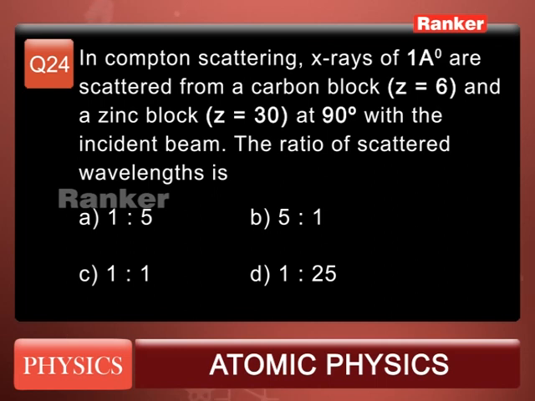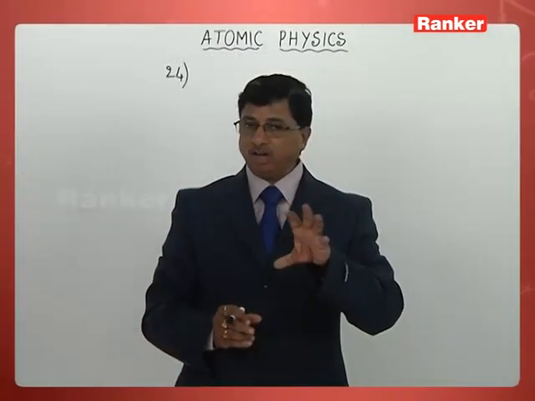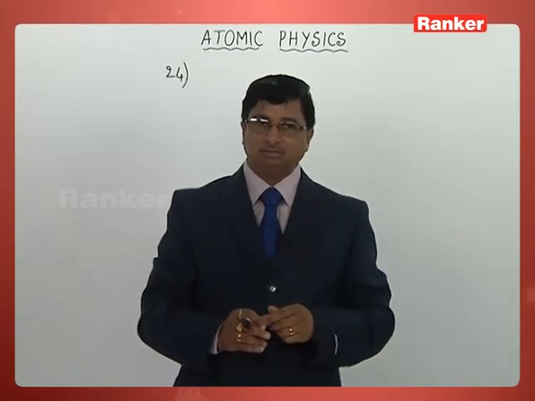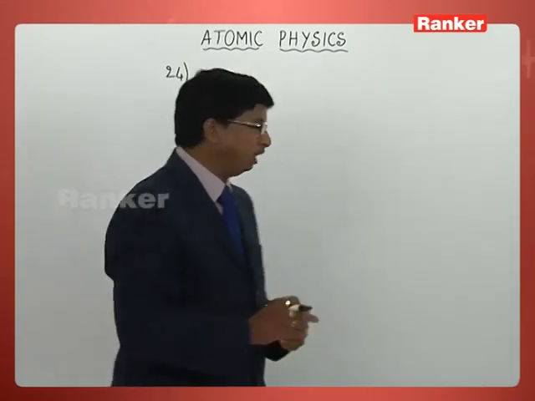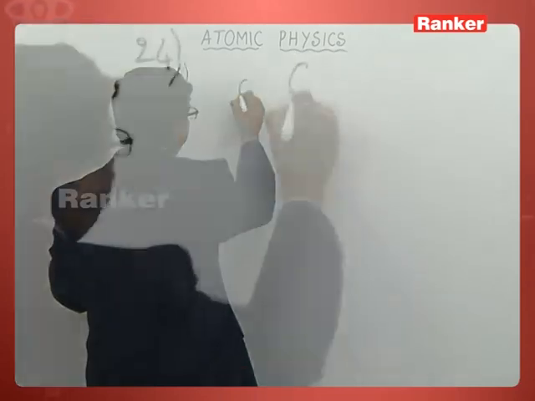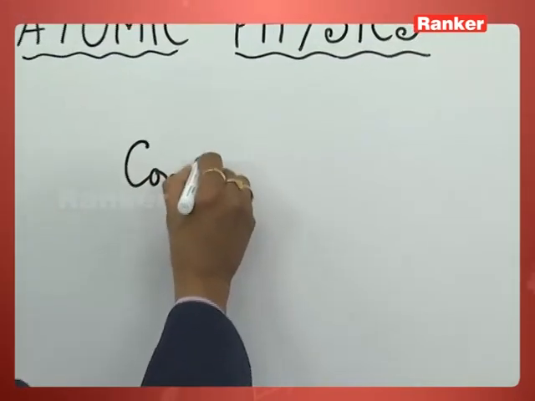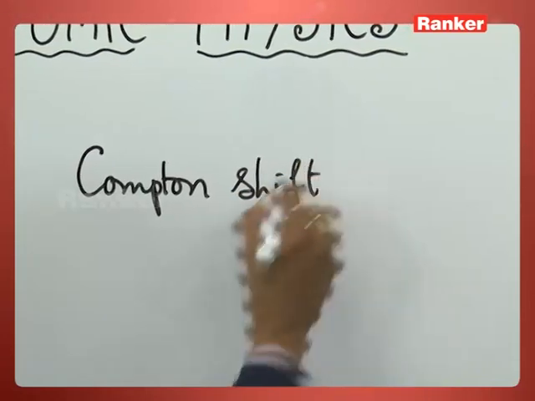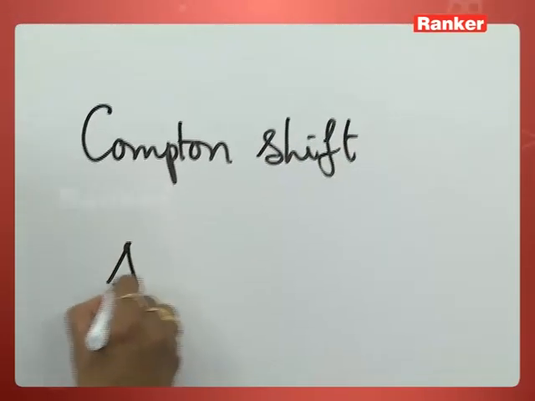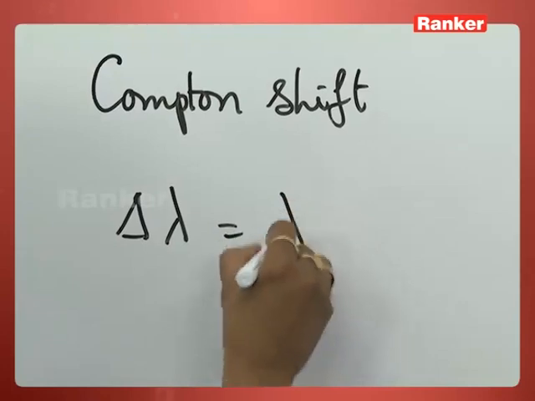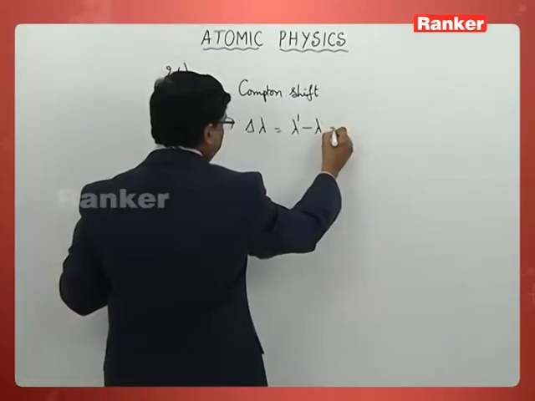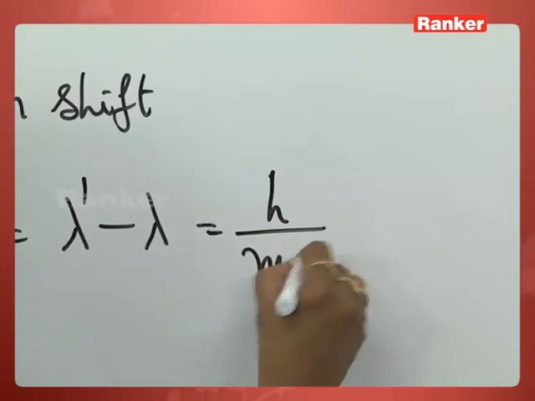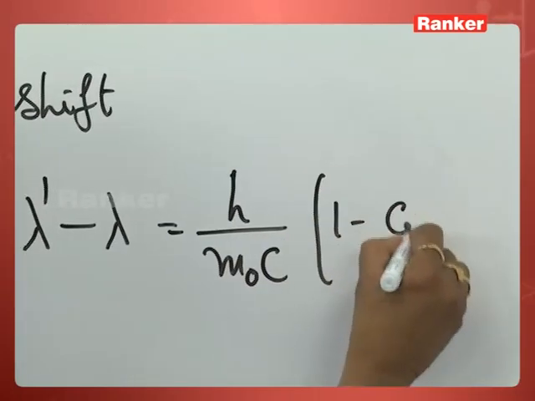Now one should understand first of all, in Compton scattering, whenever we talk about Compton shift, that of course is delta lambda, which is lambda dash minus lambda, equal to h by m naught c into 1 minus cos phi.